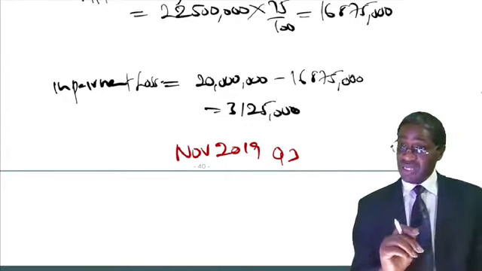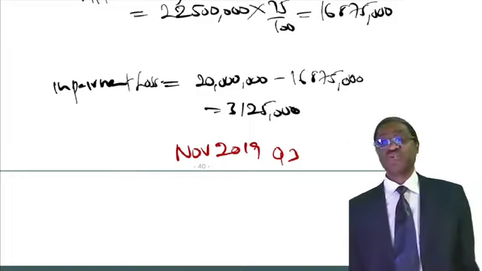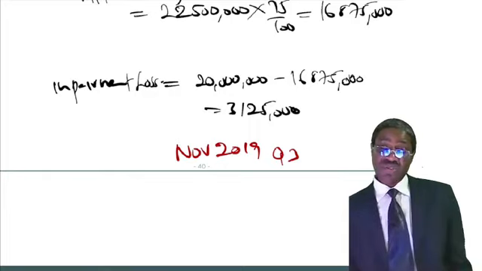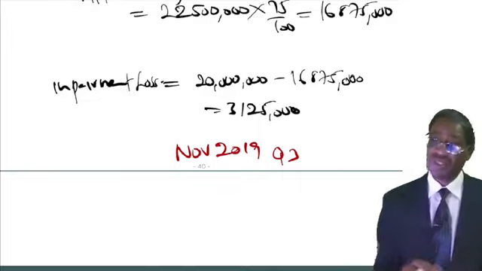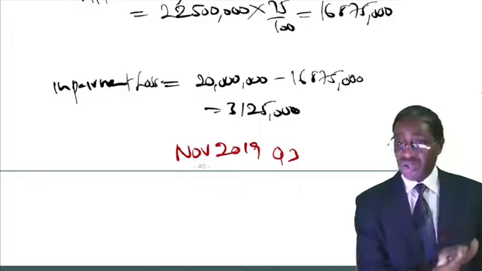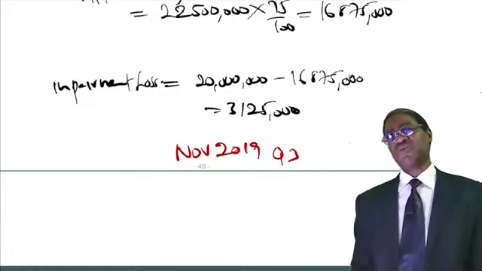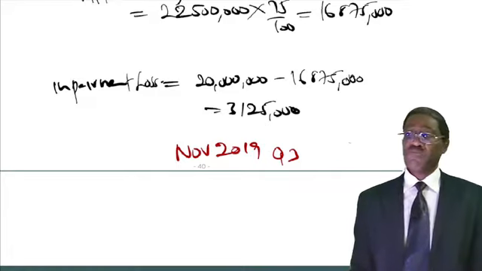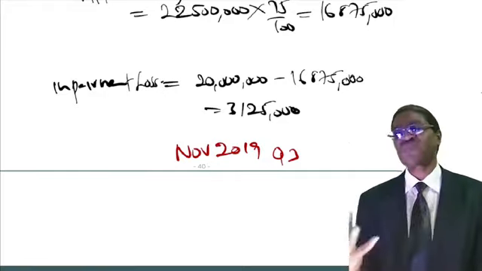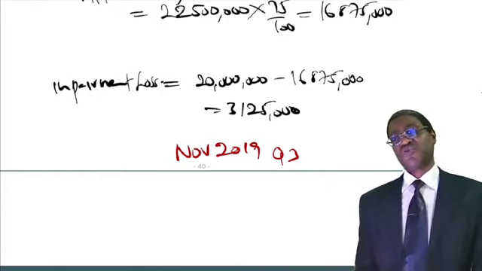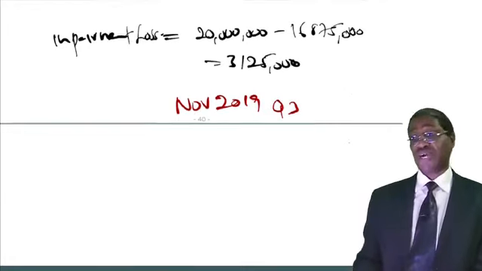Part B is a different asset, using a different method. This question tests you using two different methods on two different assets. The questions we have done tested one method each, but this November 2019 has two methods in the same question, on two different assets. But the concept doesn't change. Maybe for now we can stop there and pick it up next time.